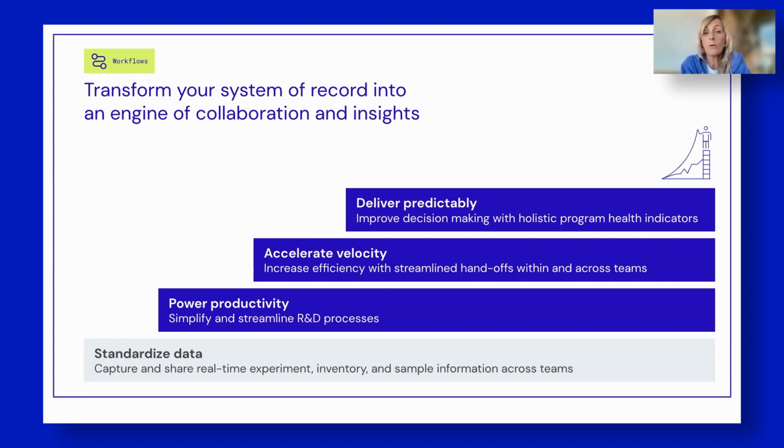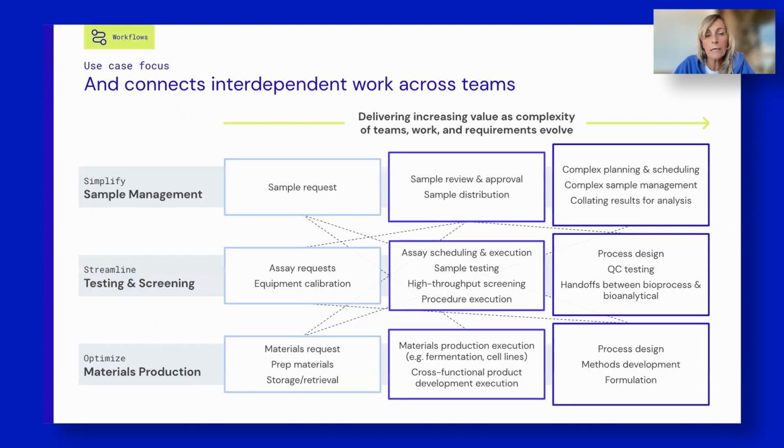Workflows improves how efficiently teams can complete their work. Programs can now run more efficiently, increase overall velocity, and improve decision-making by interconnecting results and operational information. Some example use cases include simplifying end-to-end sample management, streamlining testing and screening, and optimizing materials production.